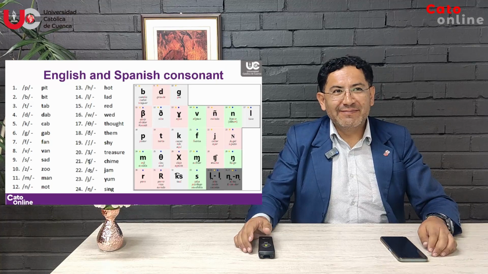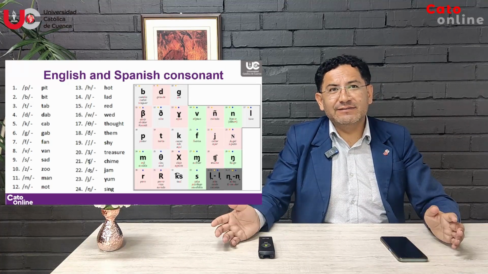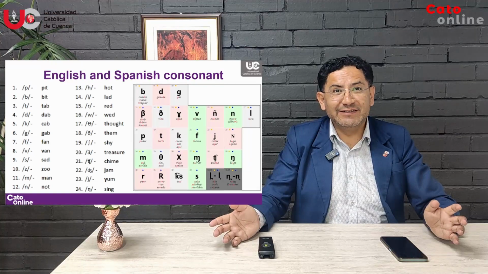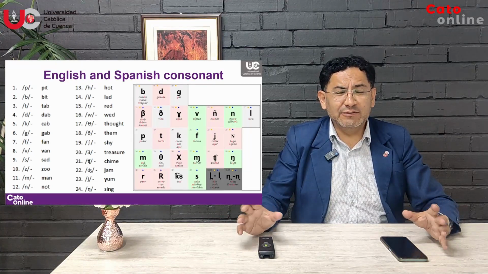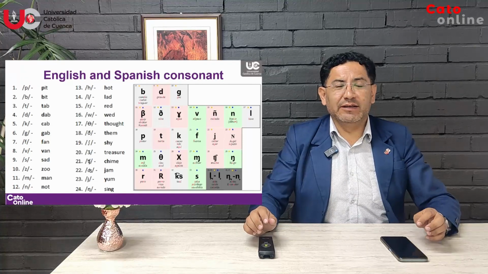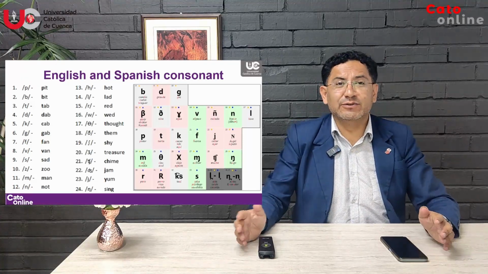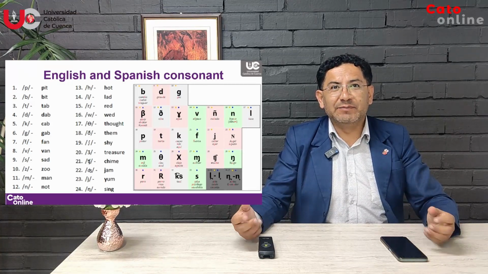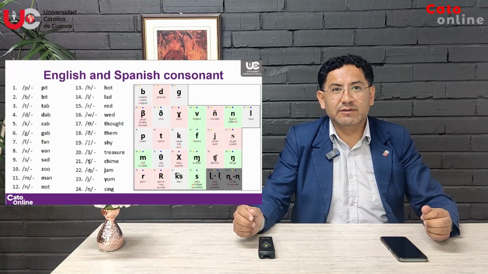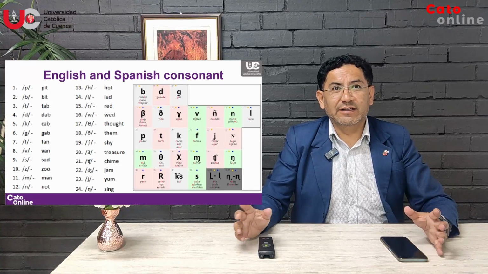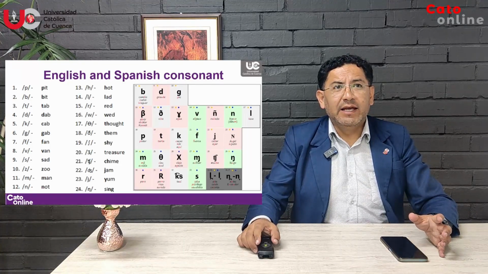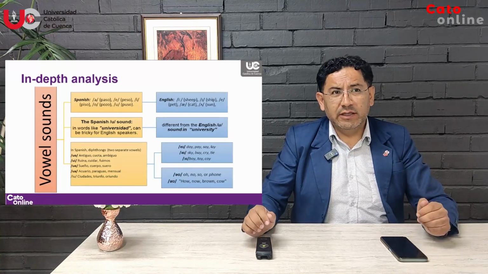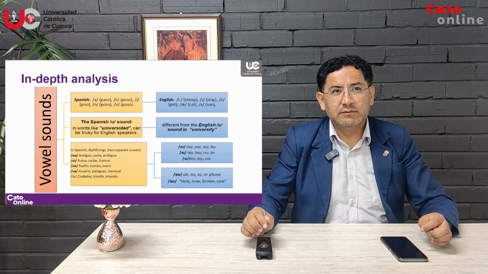Okay? In Spanish, we have cambio, grande, gris. Okay? The sounds are easier to say. No, it is easy for us as Spanish speakers to pronounce this kind of sounds. No? And now we are going to talk about vowel sounds.